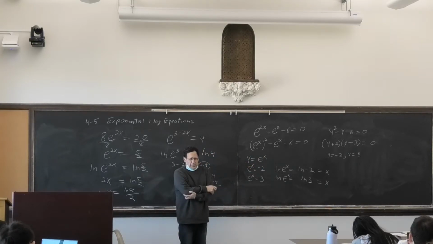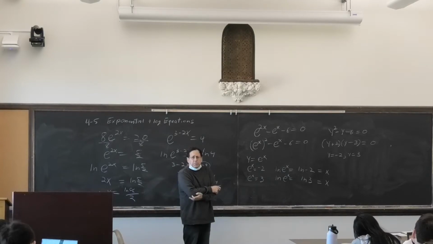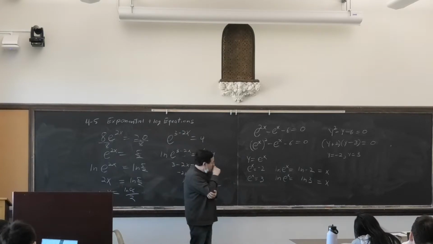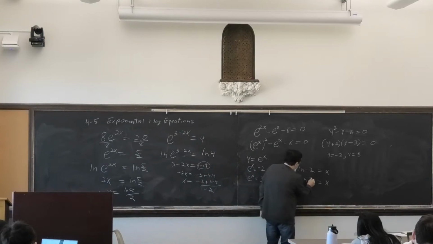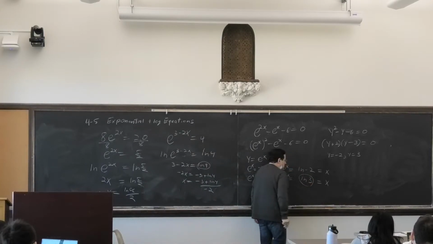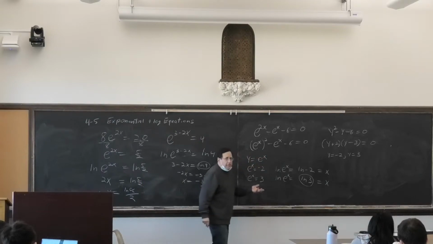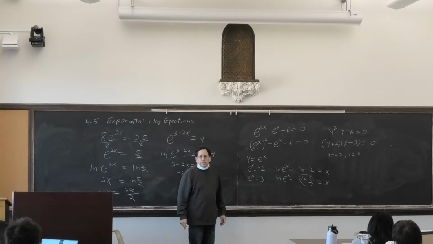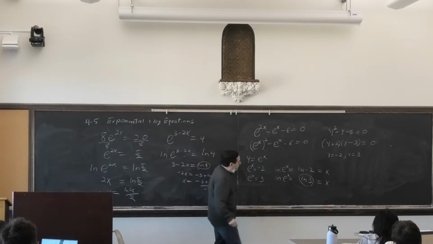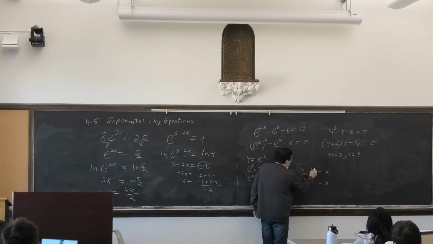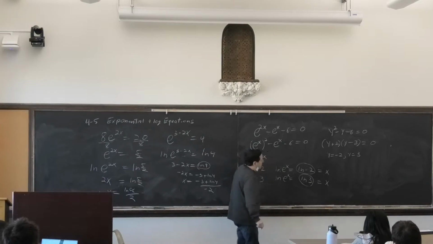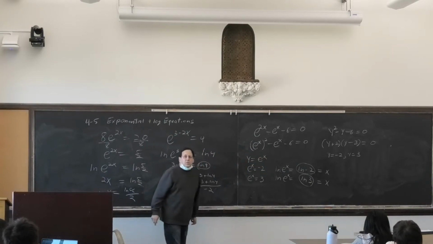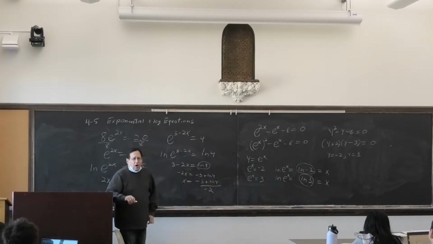But we have a problem here. Does anyone see the problem? This is fine. The log of 3 is perfectly well defined, I think. What about log of minus 2? Anyone remember the domain of the log function?